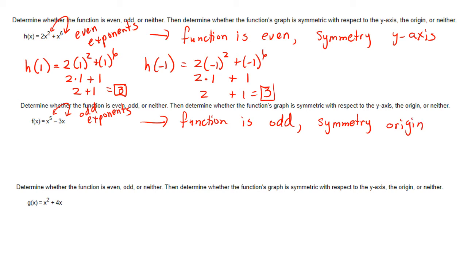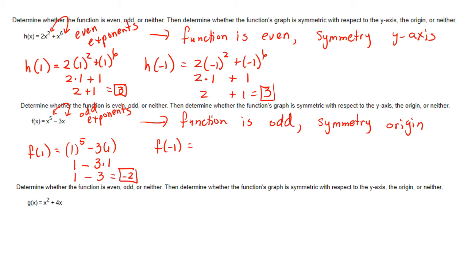Now, if you use this same concept with the positive 1 and the negative 1, you will notice you get opposite answers. For instance, if I plug in positive 1, 1 to the 5th minus 3 times 1, that's going to be 1 minus 3 times 1, 1 minus 3, and that's a negative 2.